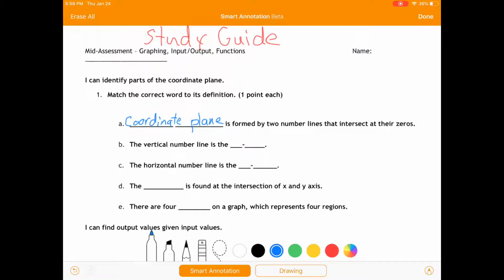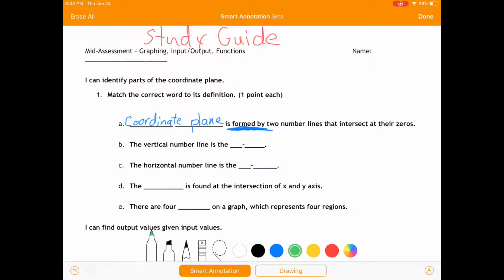Please make sure you realize that the coordinate plane is a thing, and it's made up of all of the other stuff we're going to talk about. So the key words in that definition for coordinate plane are formed by the two number lines that are intersecting.